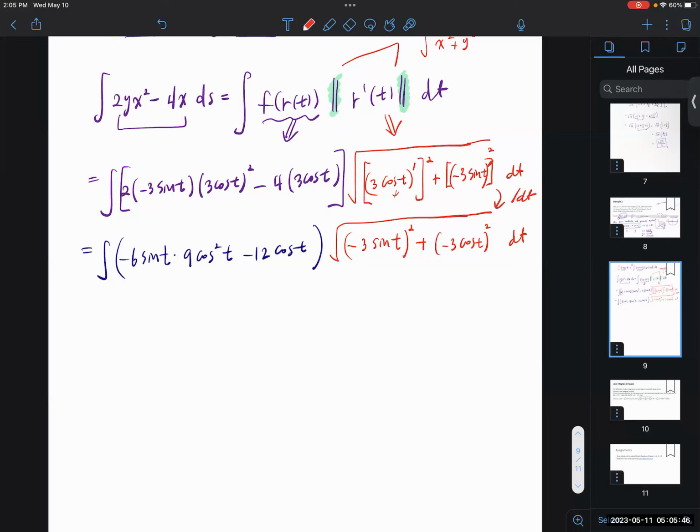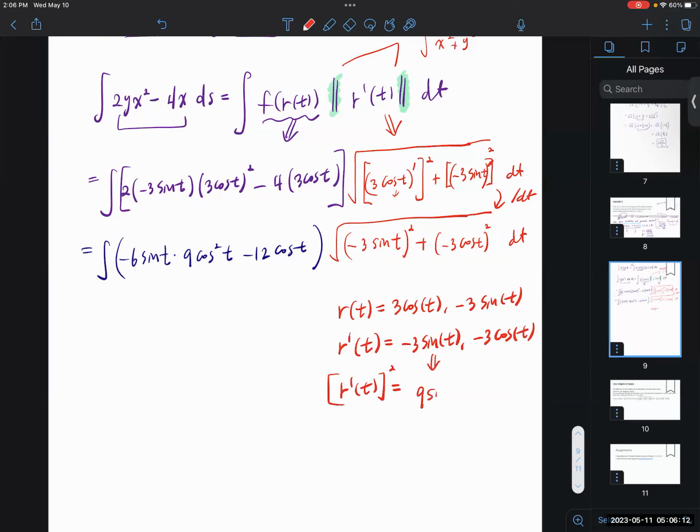And then I'm taking the second part. So if I remember, we have r(t), 3 cosine t, negative 3 sine t, r prime, that is negative 3 sine t, negative 3 cosine t, and I'm taking the second power, right? So this is going to be 9 sine squared t, 9 cosine squared t. Am I correct?